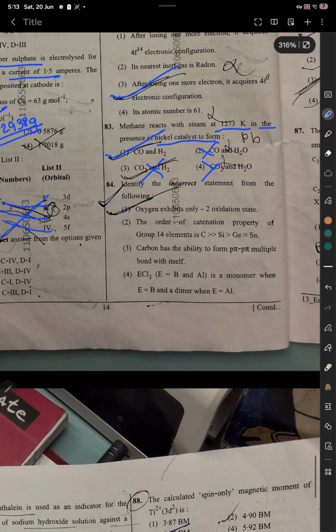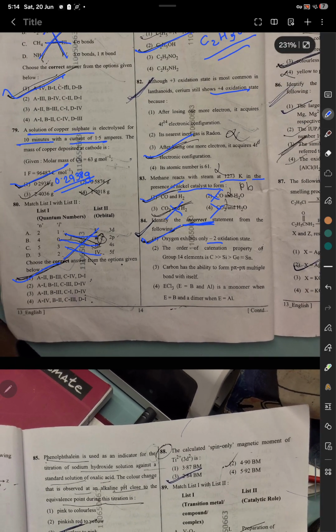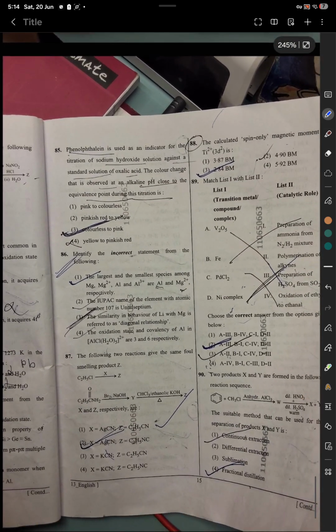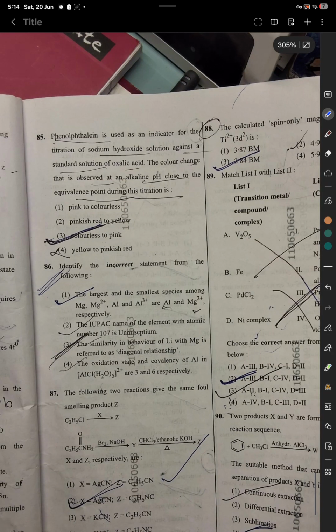Question number 84. Identify the incorrect statement from the following. So option number 1 is correct, oxygen exhibits only +2 oxidation state. Let's move to the last page. Question number 85.